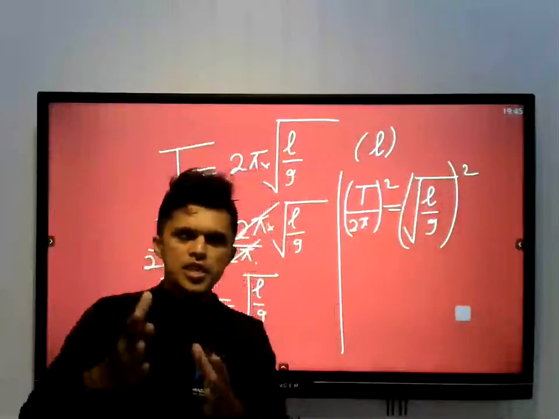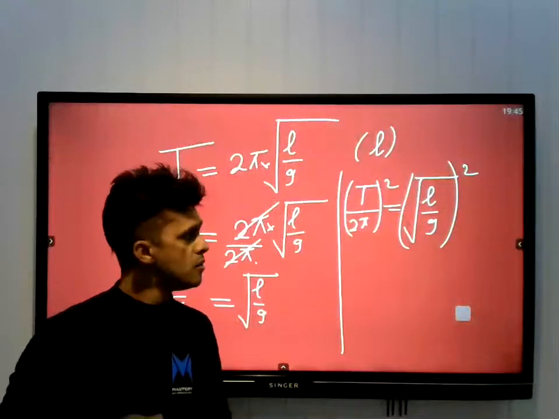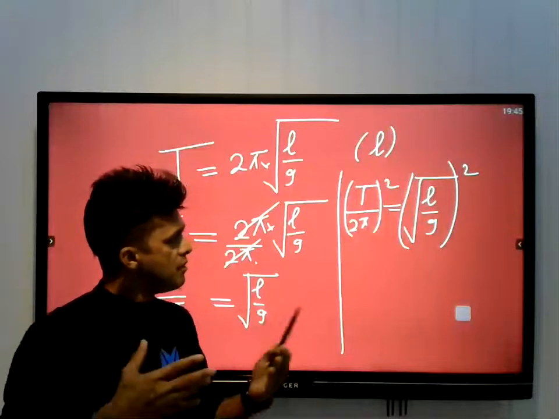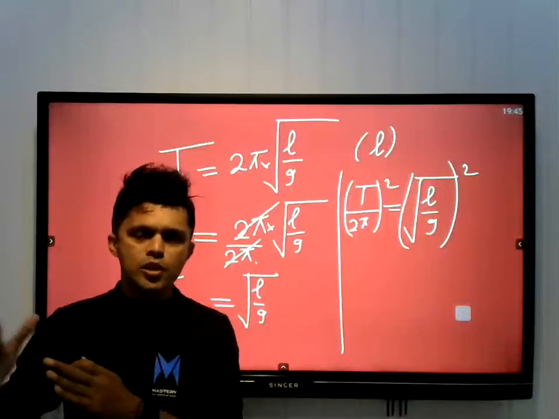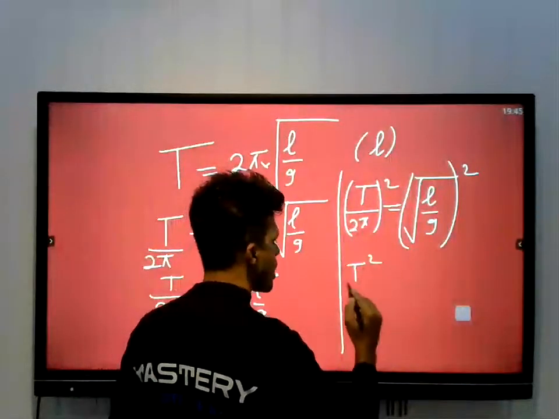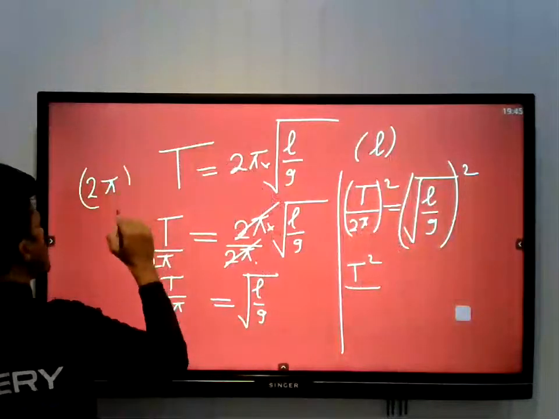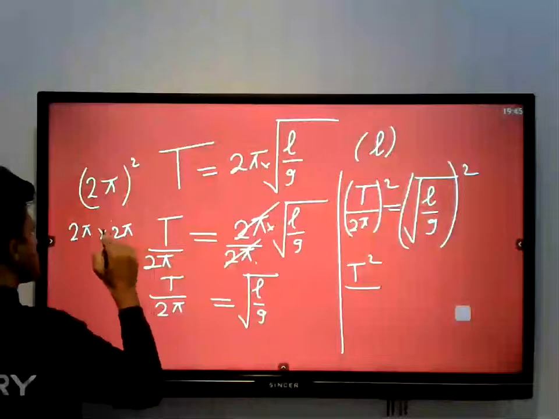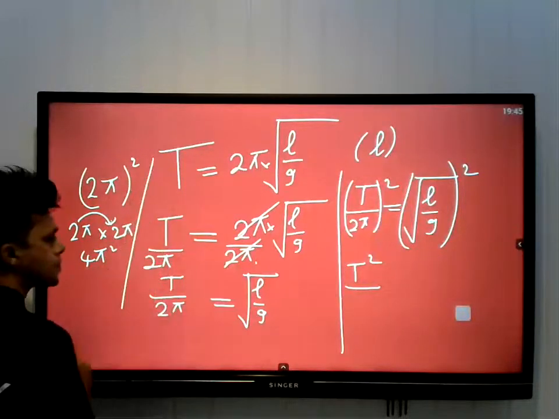Previously, I have been teaching you the reasons of getting the square value of a given square root. When we get the square of a given square root, it is able to remove the square root. This can be written as t squared over 2π whole square. 2π whole square means 2π into 2π. So 2 into 2 is 4, π into π is π square.